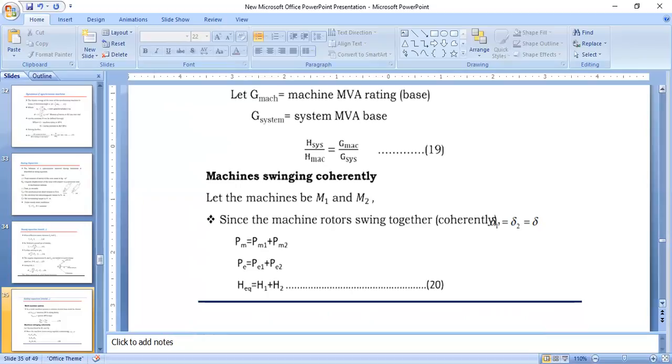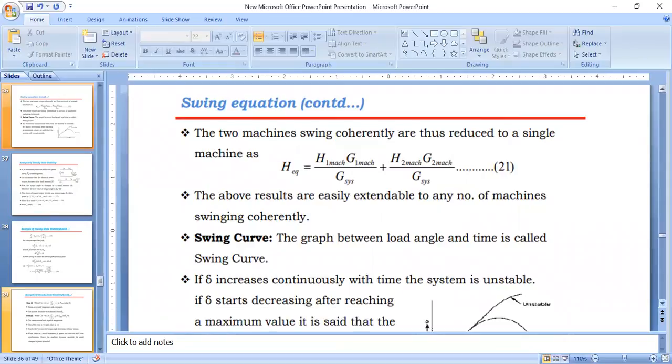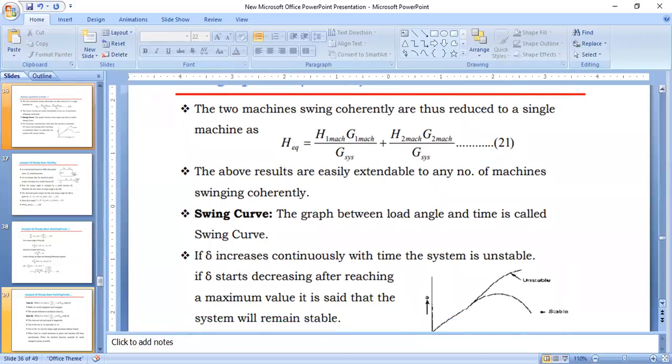Pm is equal to Pm1 plus Pm2, Pe is equal to Pe1 plus Pe2, and Heq is equal to H1 plus H2. The two machines swinging coherently are thus reduced to a single machine, with Heq equal to H1 machine into G1 machine divided by G system plus H2 machine into G2 machine divided by G system. The above results are easily extendable to any number of machines swinging coherently.